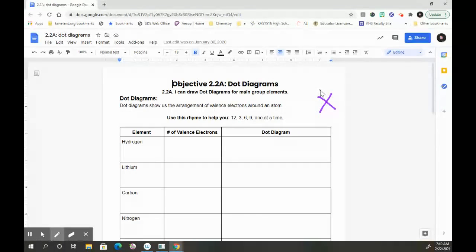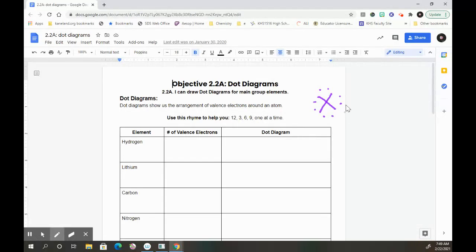So you would just draw the dots around the element, but you want to draw one on each side of the element before you start doubling them up. So that would be 12, 3, 6, 9, and that would be 4, one at a time. And then if you need more, you would go in and fill them in pairs next to each other.